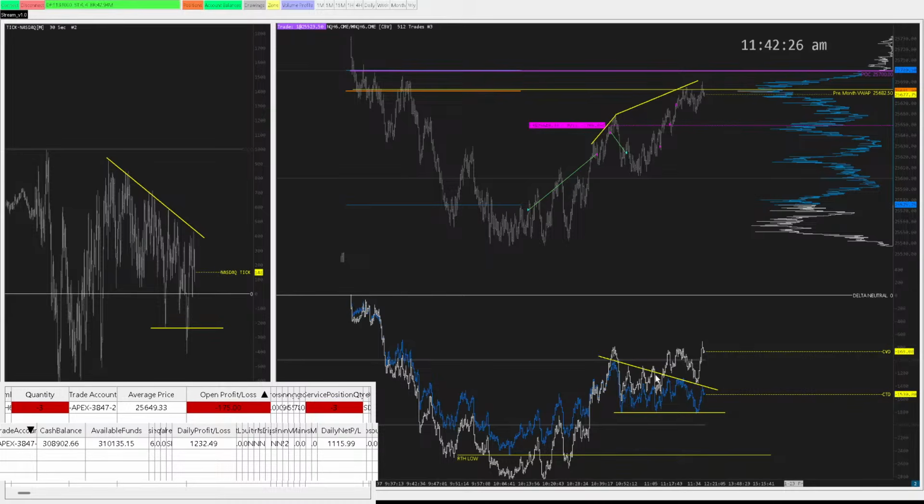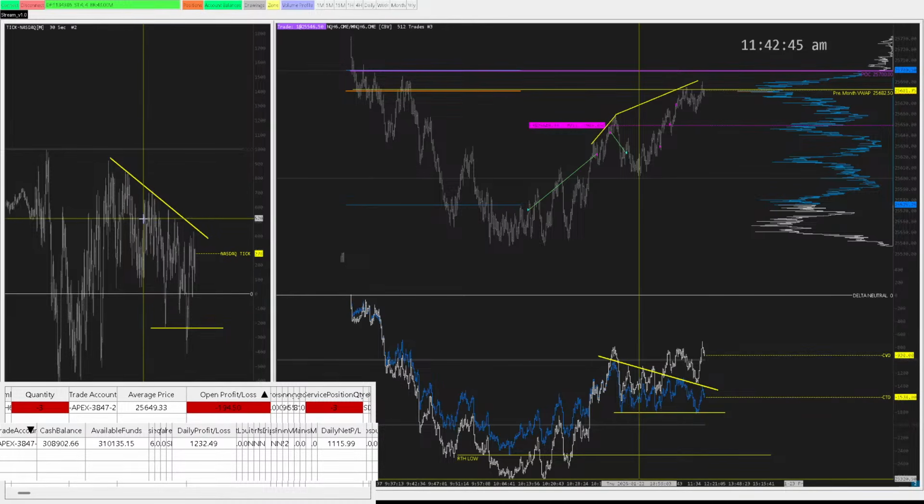This is what I'm looking at right here, these two things. Nasdaq is still, at least there's a lot of selling. I mean, I say that, it's not a lot of selling.